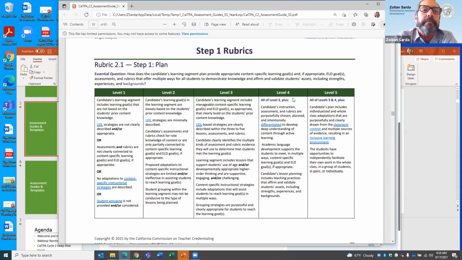But the first rubric 2.1 is really focused on the learning segment and the appropriate content-specific learning goals and ELD goals if they cite that there are English language learners in the classroom. And what are those assessments and rubrics that offer students multiple ways to demonstrate knowledge? And this additional language here in rubric 2.1 to affirm and validate students' assets, including strengths, experiences, and backgrounds.